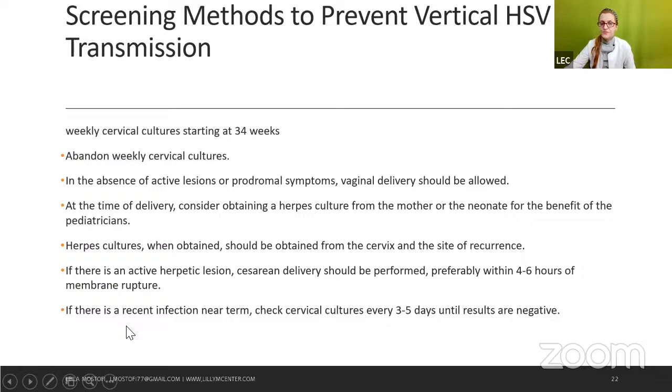If there is a recent infection near term, check cervical culture every 3 to 5 days until results are negative.